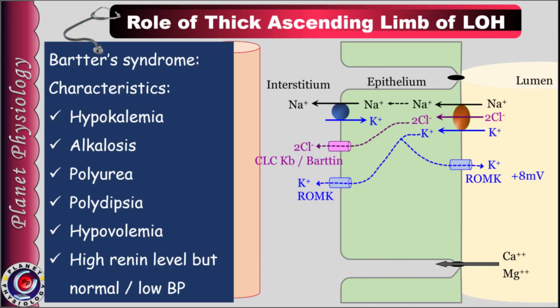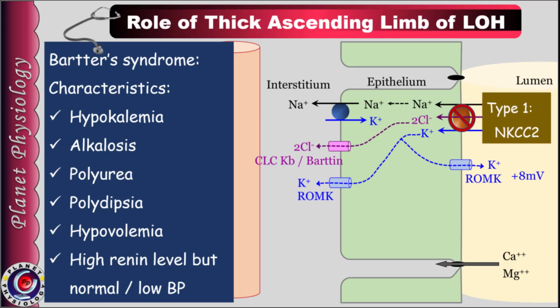Another clinical importance associated with this segment is Bartter's syndrome. It is a rare inherited disease characterized by hypokalemia, alkalosis, polyuria, and polydipsia, leading to dehydration. Hypovolemia raises renin secretion, but blood pressure may be normal or low.